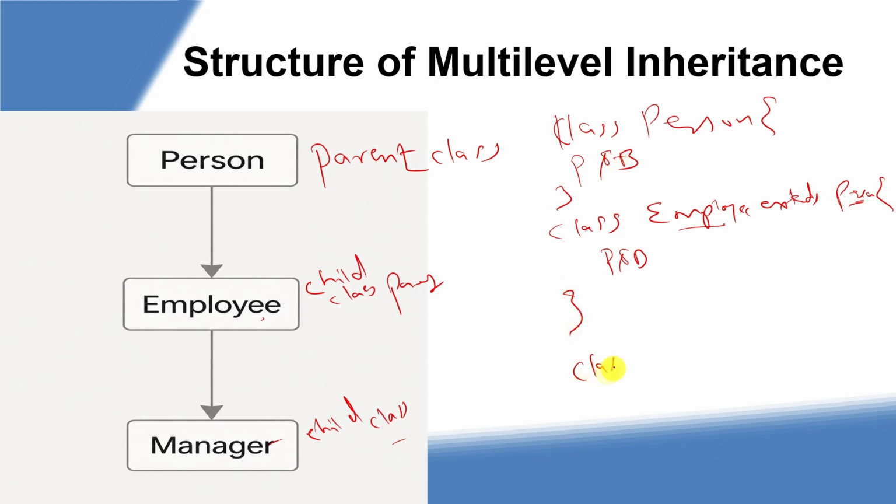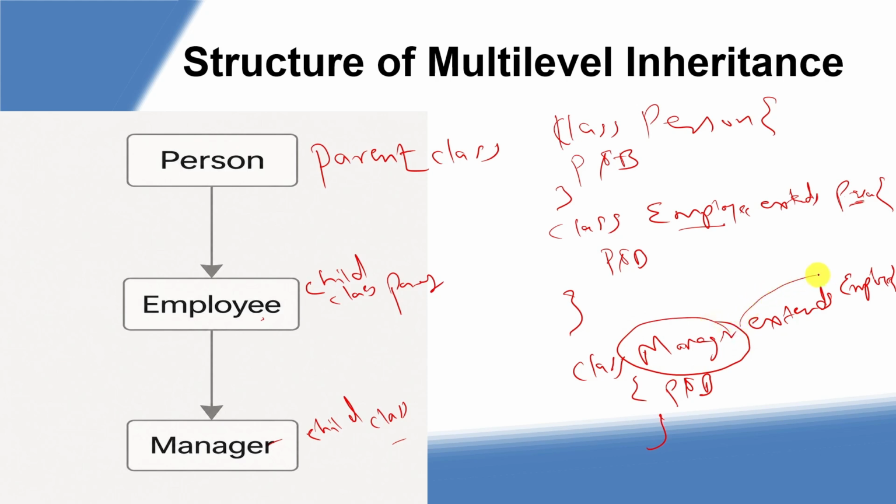Now class Manager extends Employee. Why Employee? Because Manager's current parent is Employee. Then the properties and behavior of the Manager class. The Manager class will have properties and behavior of the Employee class, and the Employee class will have properties and behavior of the Person class.